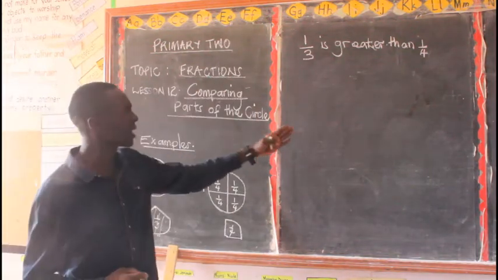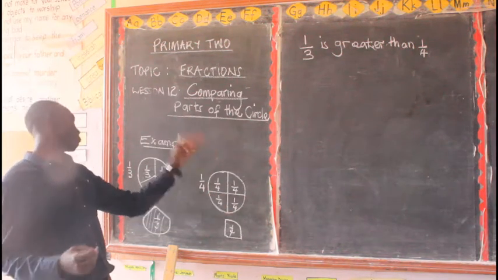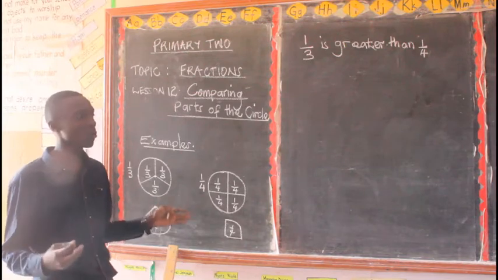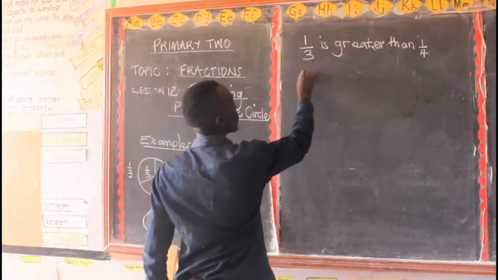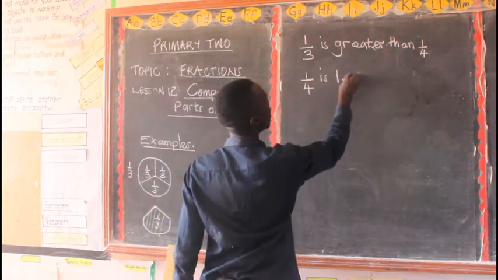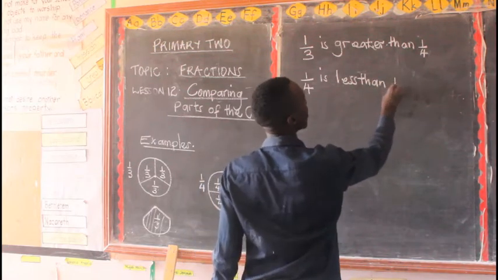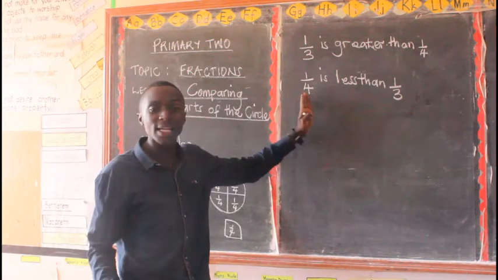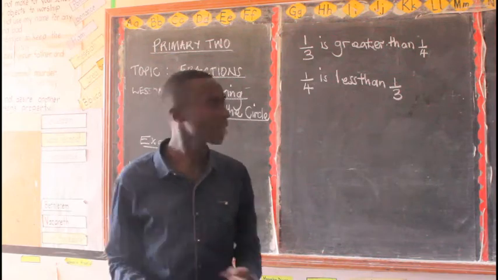If a third is greater than a quarter, it simply means that a quarter is smaller. Another way to say smaller is to say less than. So we can say 1 out of 4 is less than 1 out of 3, or a quarter is less than 1 out of 3.